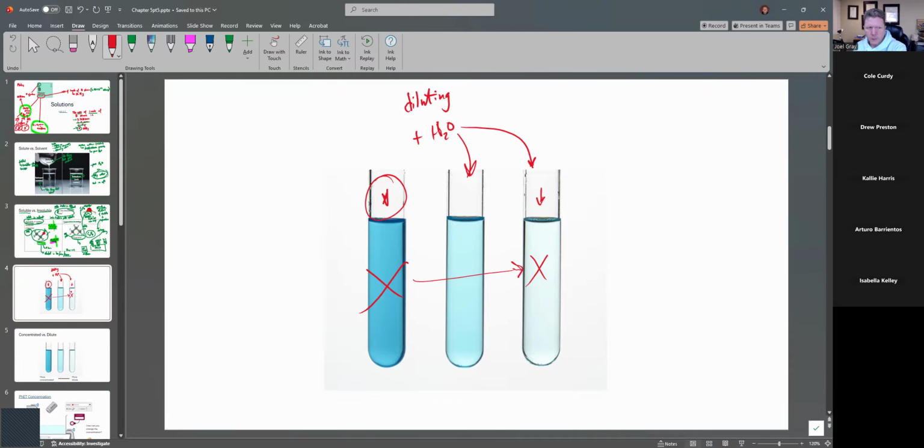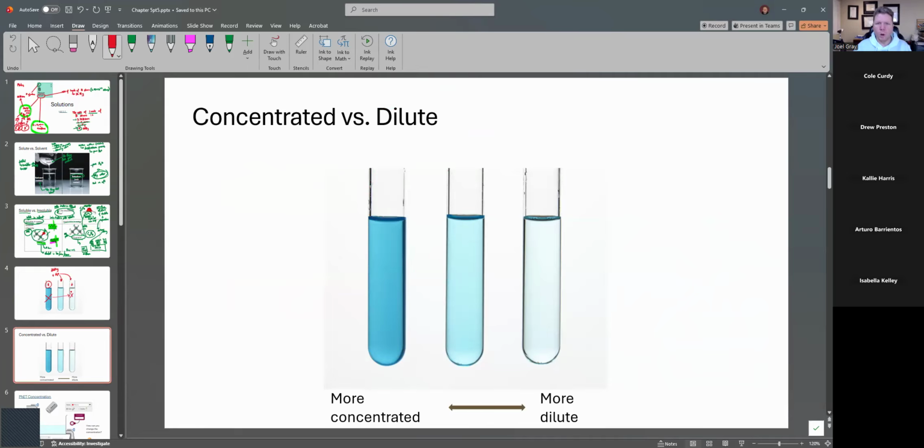Now, if you're not familiar with the term dilute, I want you to be, and that's what it means. Effectively, you're adding water to make something less concentrated. So we can describe these solutions using either the term concentrated or dilute.